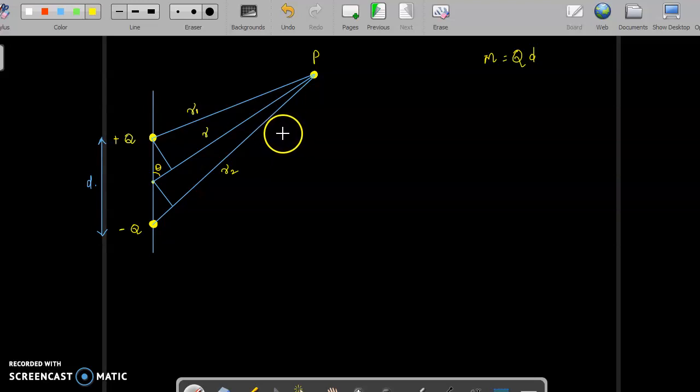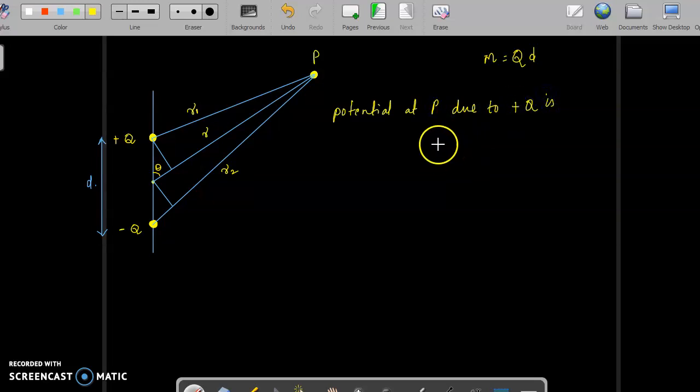And the potential at P due to plus Q, let us take it as V1, is equal to Q by 4 pi epsilon R1.